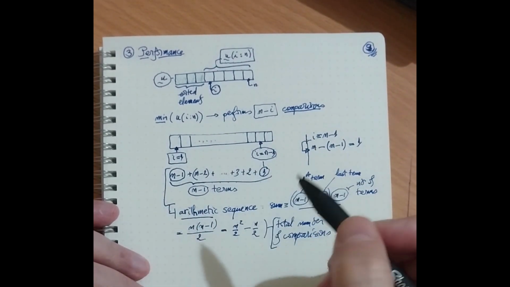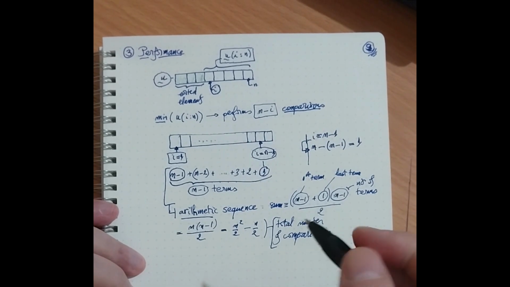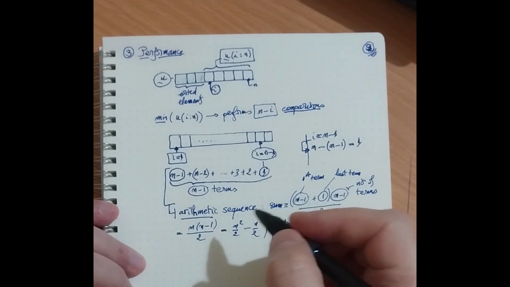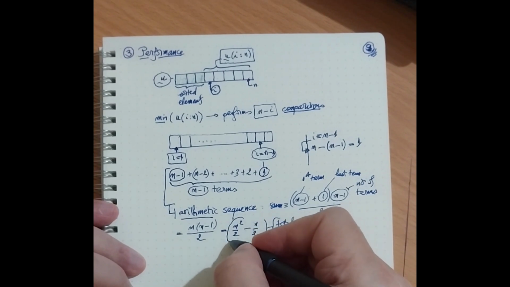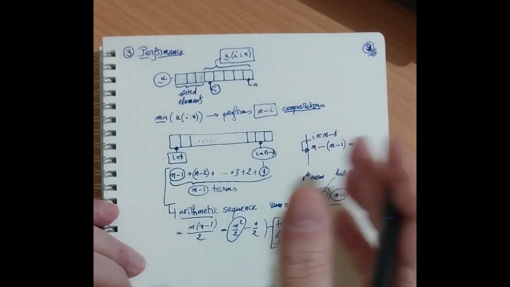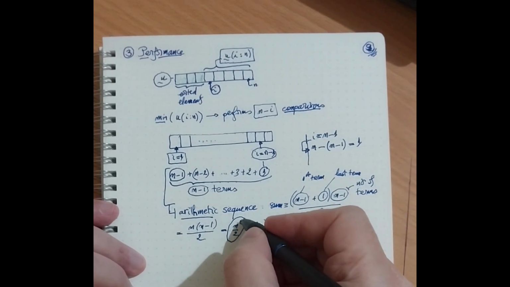So this is the total, this is the cost of the algorithm. And actually the cost is important when n increases, when n is large. When n is large, this is the most important term. The other terms are neglected. And we take the term with the highest exponent, n squared.